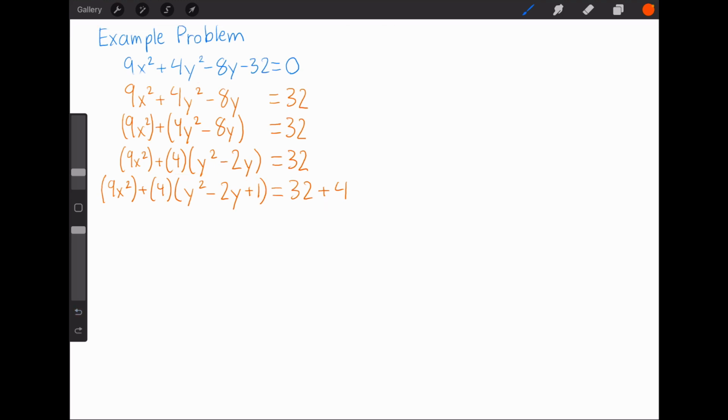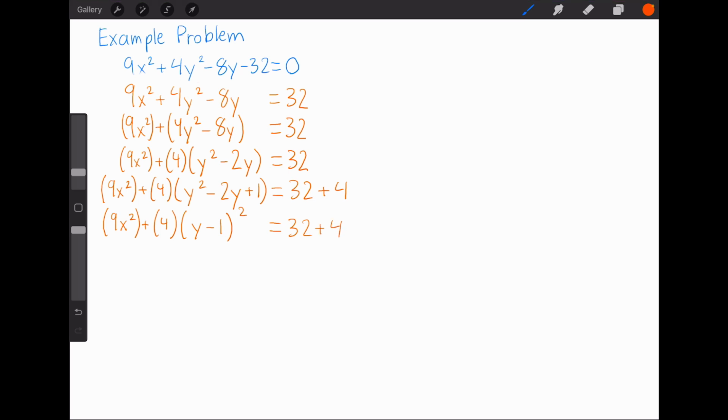Continuing, I'm going to simplify the quadratic y squared minus 2y plus 1. This will transform the equation into 9x squared plus 4 times (y minus 1) squared equals 32 plus 4.